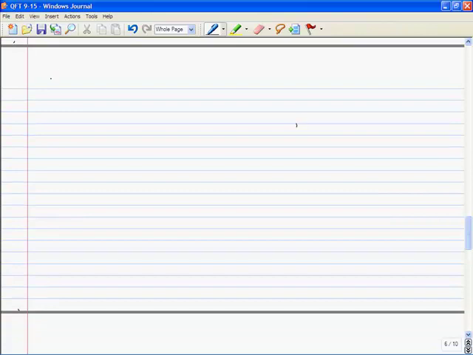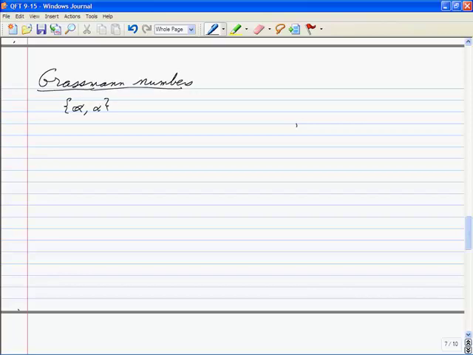So the formalism has to do with Grassmann numbers. These are numbers that anticommute. So if you have a number alpha, if it's an anticommuting number, alpha squared is 0.